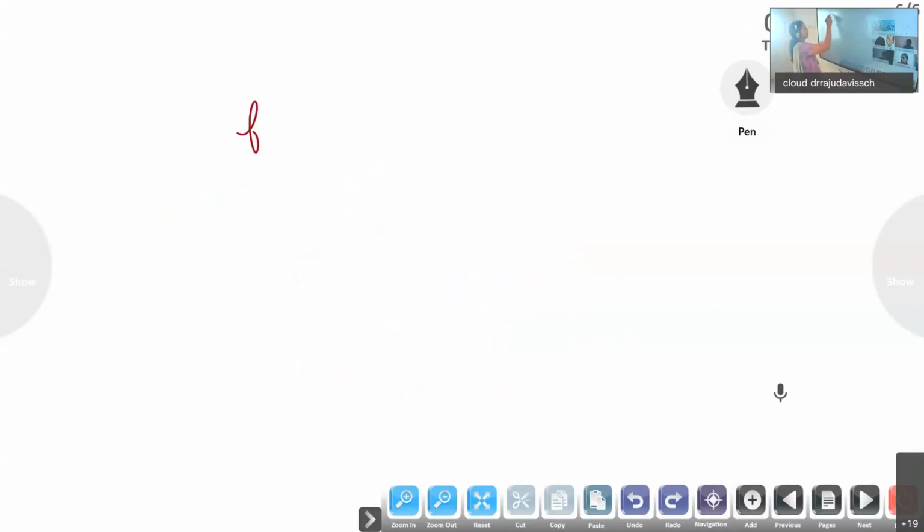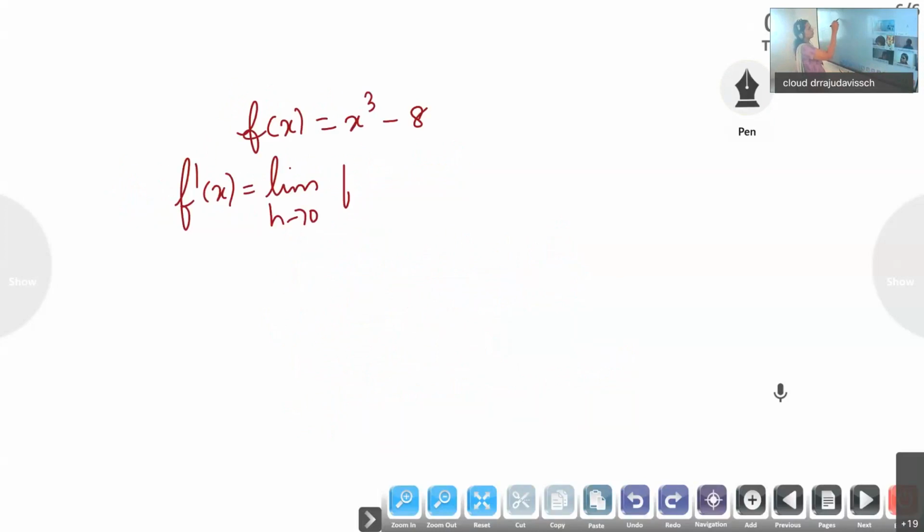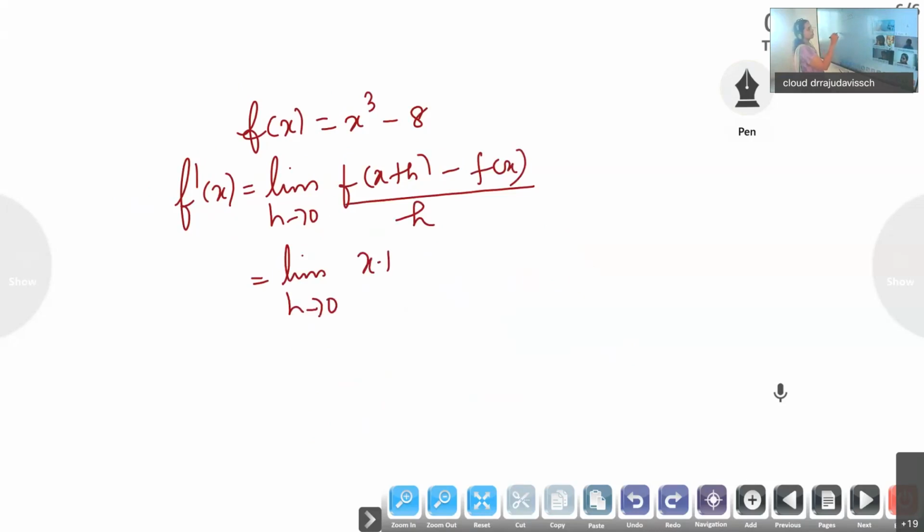F of x is equal to x cube minus 8. So we are going to find out f dash of x, which is same as limit h tending to 0, f of x plus h minus f of x by h. So which is same as limit h tending to 0, x plus h the whole cube minus 8 minus of x cube minus 8 by h.